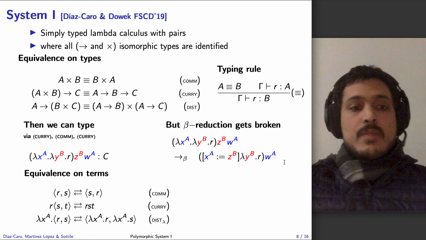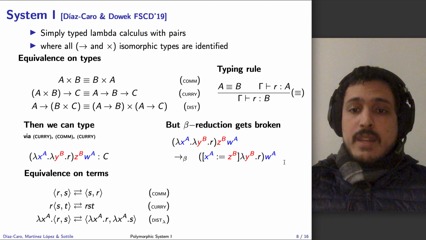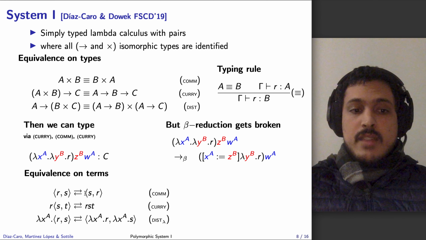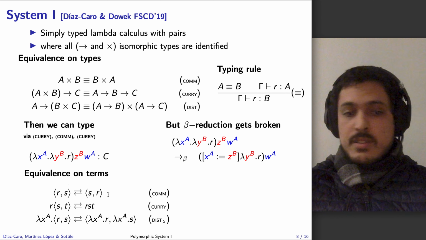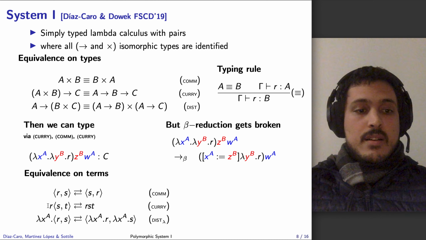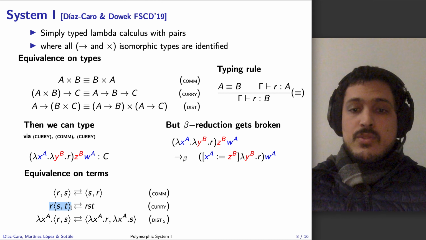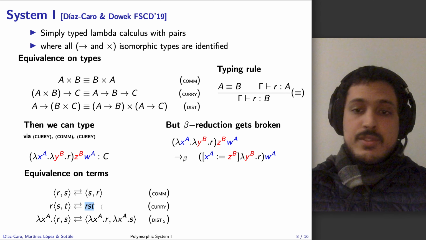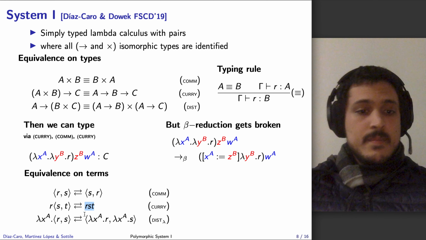So they added an equivalence on terms. This pair is the same as this other pair, which is the same pair just swapped. An application of a function to the pair is the same as an application of that function to the two elements of the pair separately.